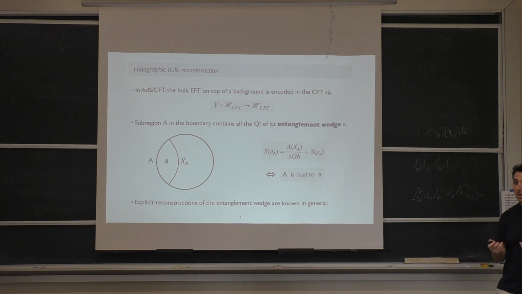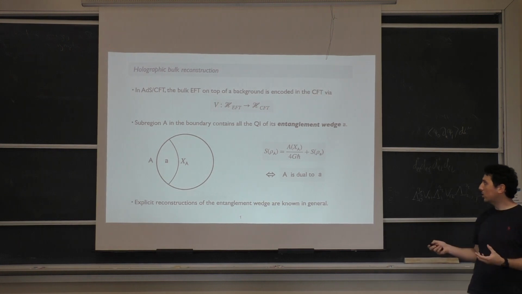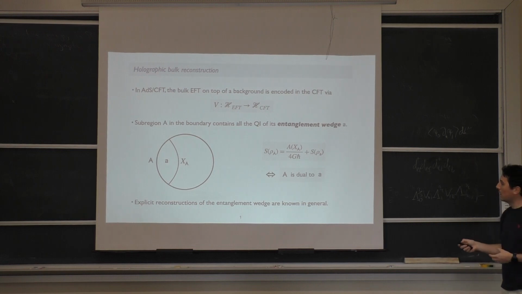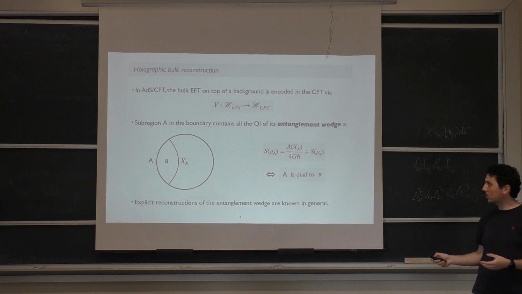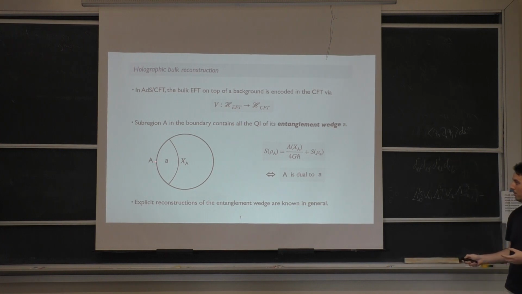And the main formula which ensures this property is the quantum generalization of the Ryu-Takayanagi formula, which says that the von Neumann entropy of the reduced state on the boundary subregion A is given geometrically by the area of this surface divided by 4G, and then there is some small correction coming from the entanglement of the bulk fields across the surface.